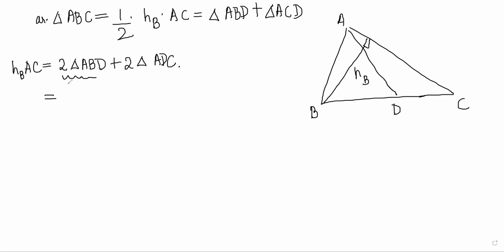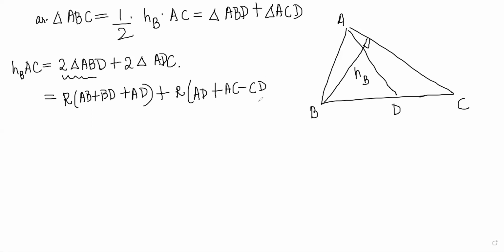So if you use those expressions, twice of the area of ABD will be R times (AB plus BD plus AD) plus R times (AD plus AC minus CD). So if you take R common, we will get AB plus BD plus AD plus this and this, right?